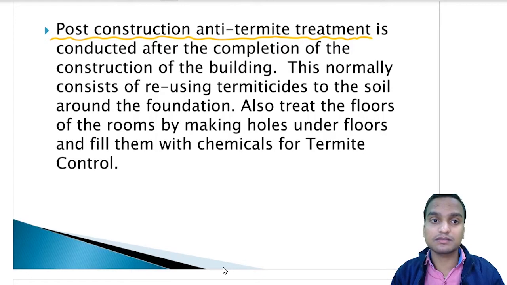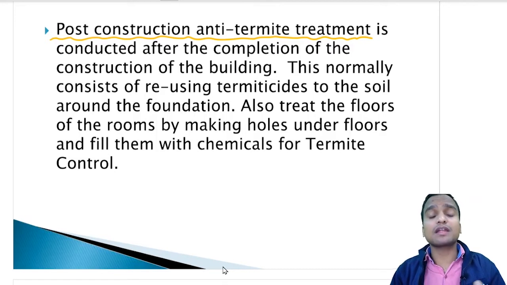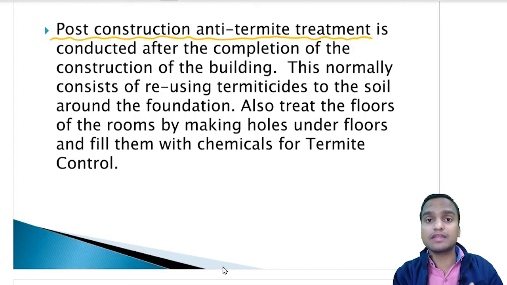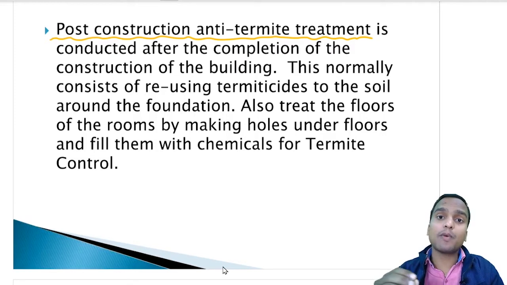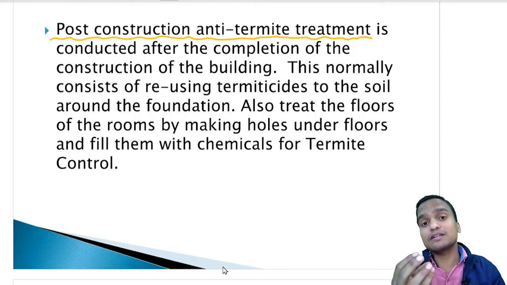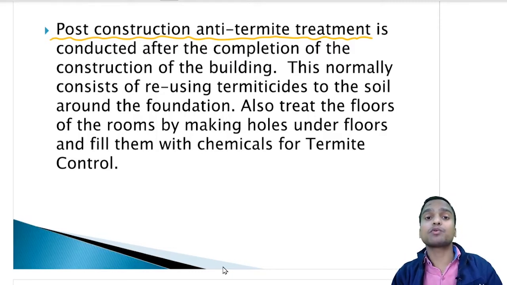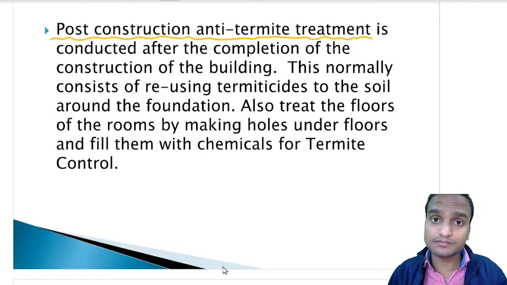After 4 to 5 years it may be possible that we have to go for a second round of application of chemical. And what happens if someone is living in a bungalow and has a good amount of land left beside his house? Then they can dig a trench or a drain beside their foundation and pour these termiticides through that drain, so that the termiticides percolate through the soil and protect the foundation.